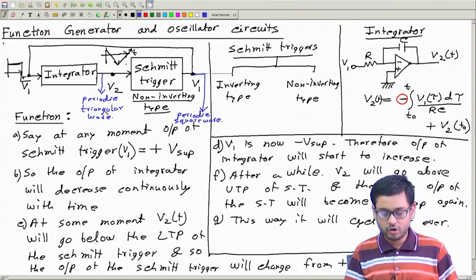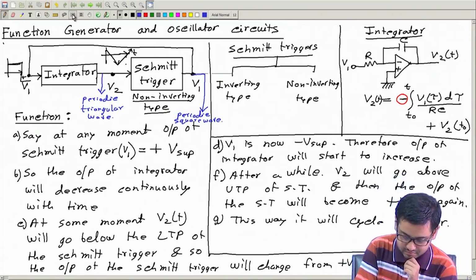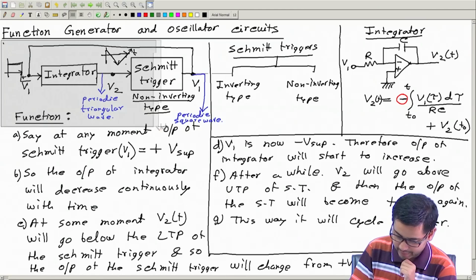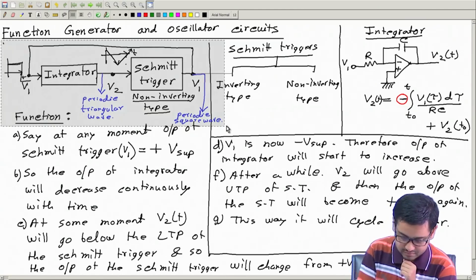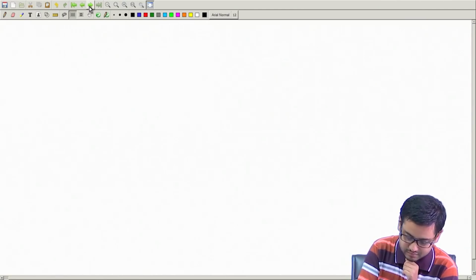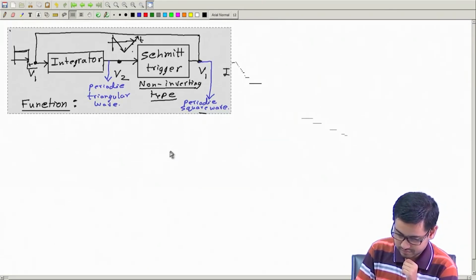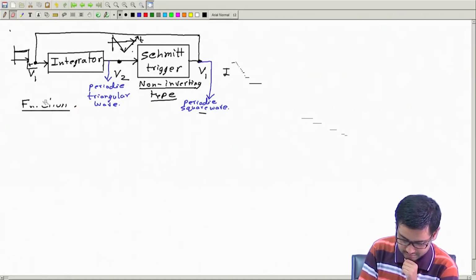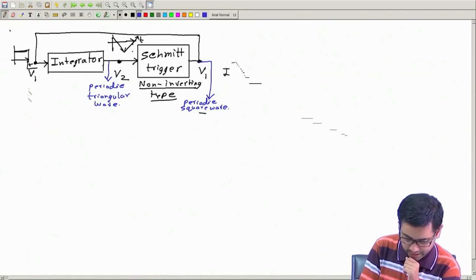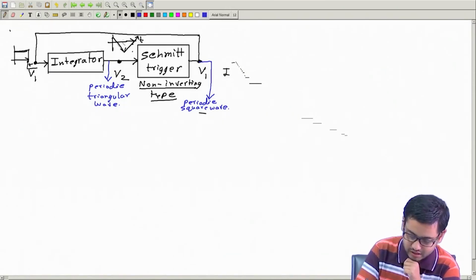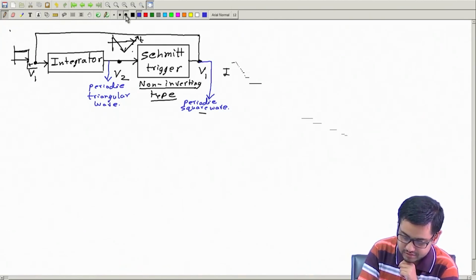Okay, so let me show you some timing diagram. I shall basically repeat my discussion to help you follow better if you haven't.